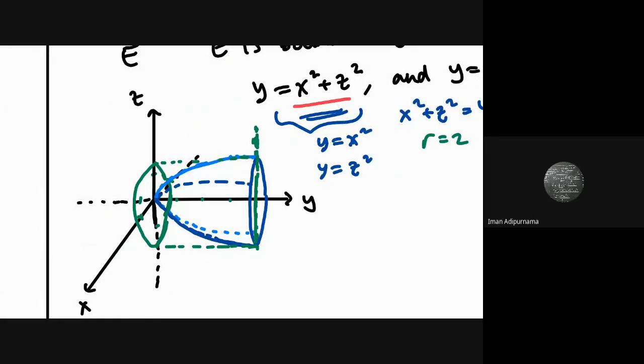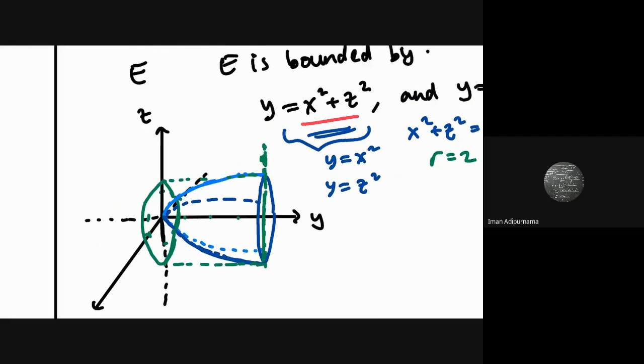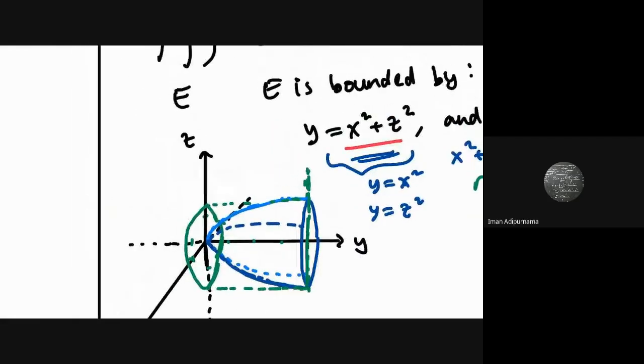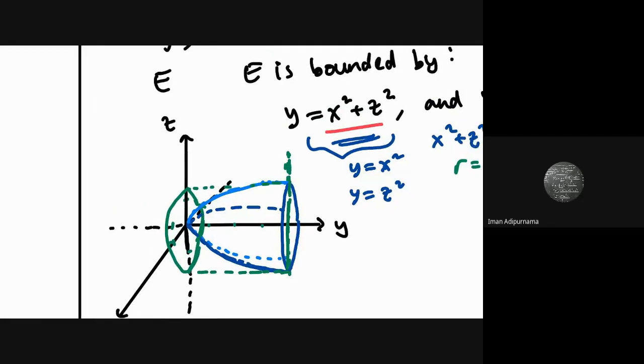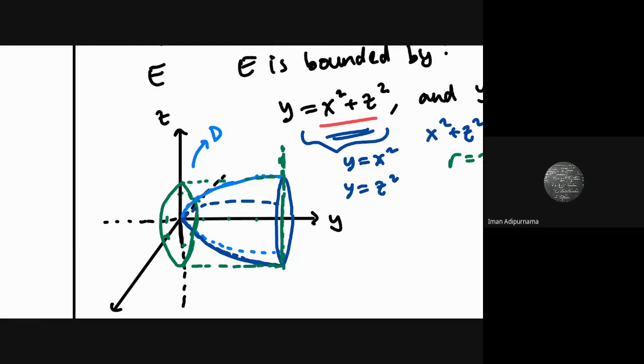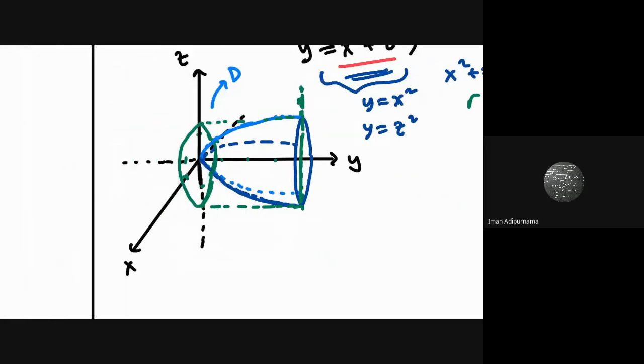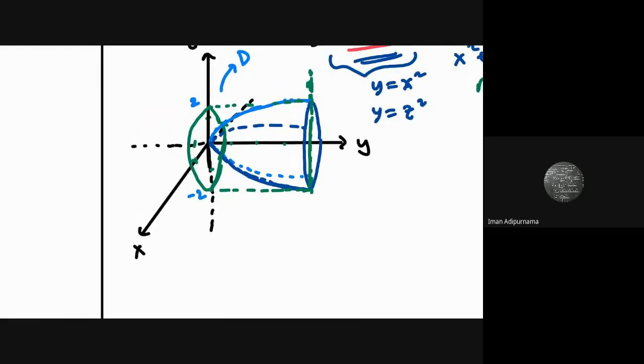Okay, first, let's say this is our D, the double integral. So we will have 2, this is -2, or maybe this 2, -2 here.